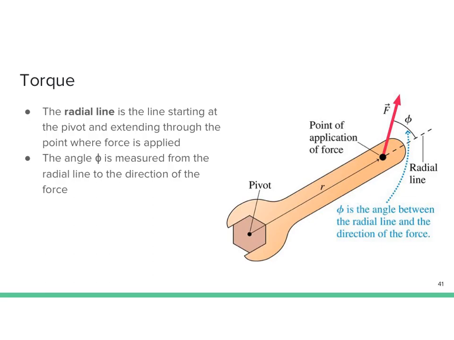So to really visualize torque, this is the best way, is to think about a wrench. An Allen wrench, a regular wrench, whatever. They all work on the concept of torque. Now, if I were to put a point at the rotation and extend a line out directly from the point of rotation, we call that the radial line. This is honestly not that important, but we'll talk about it as we define torque.